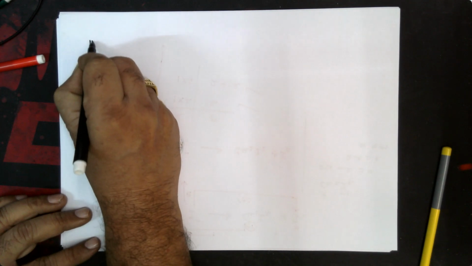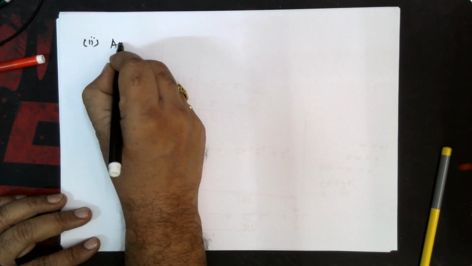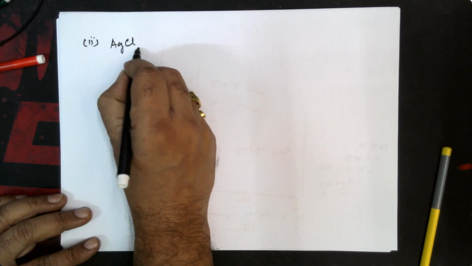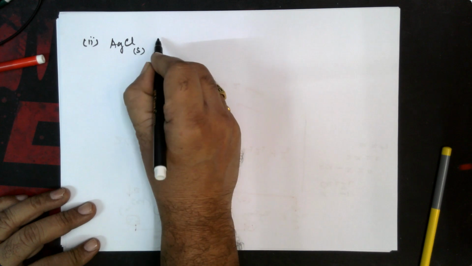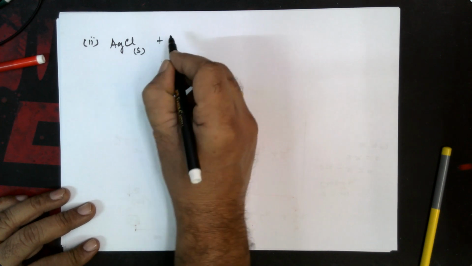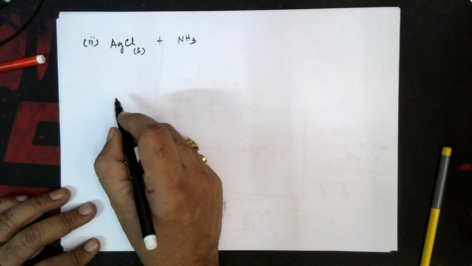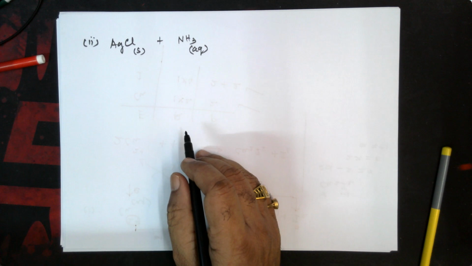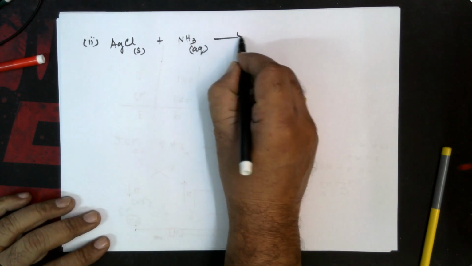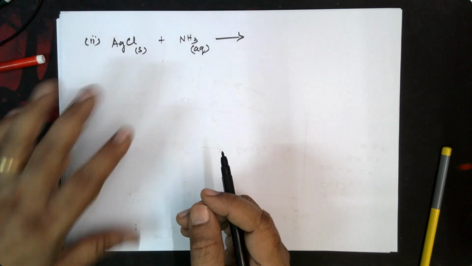AgCl, silver chloride, it's a salt, plus NH3, that is aqueous ammonia, to give, actually this gives a soluble product.